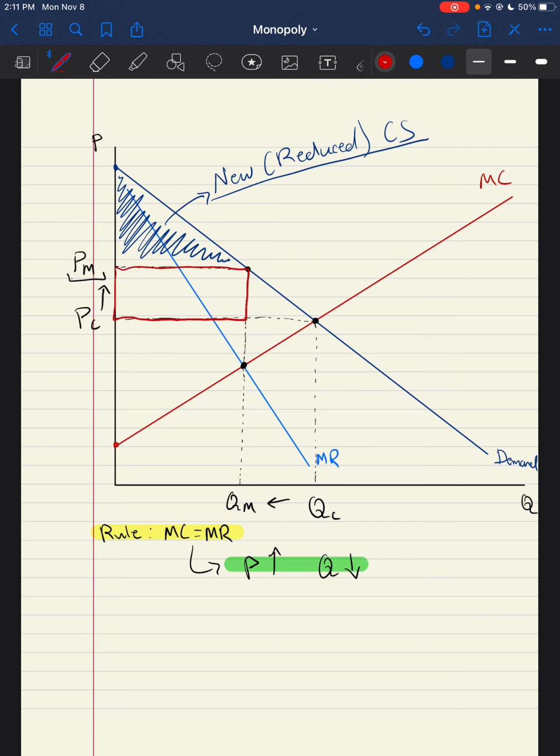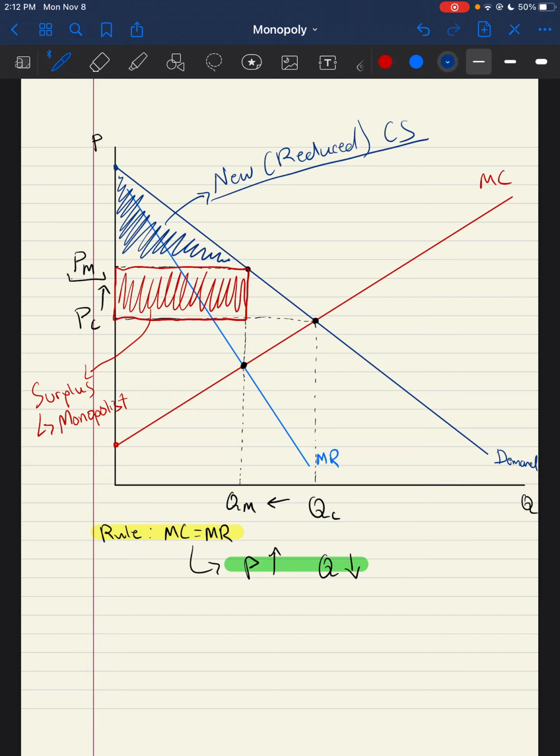Well, this rectangle is just the surplus that is being transferred to the monopolist, because the monopolist is now charging that higher price. So that rectangle is that which is transferred to the monopolist.